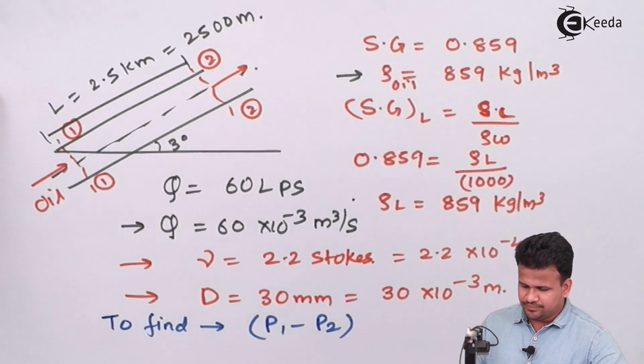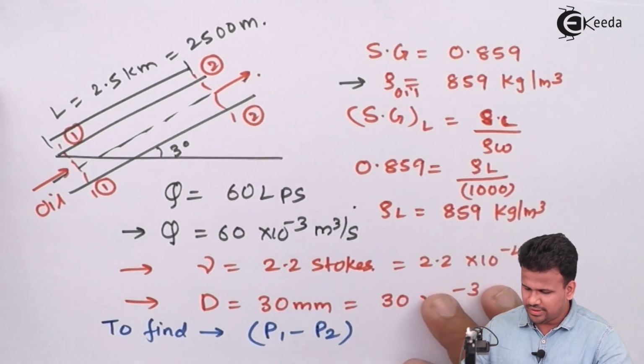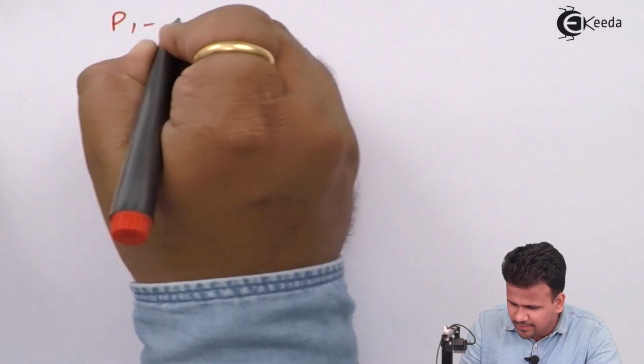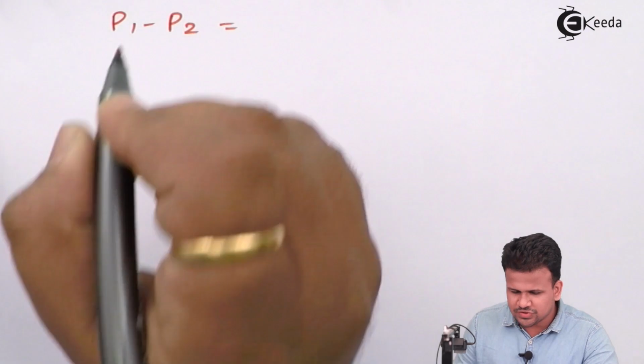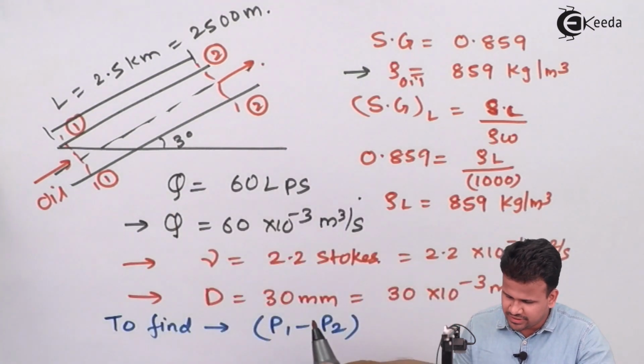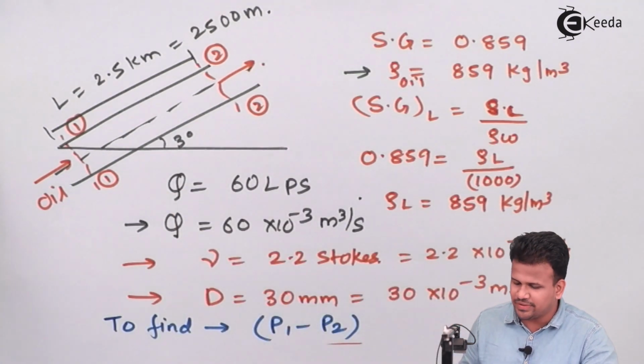Now let us calculate the pressure difference. We know the formula for pressure difference. We have drawn the diagram, a pipe inclined at an angle of 3 degrees, and we have to calculate P1 minus P2.